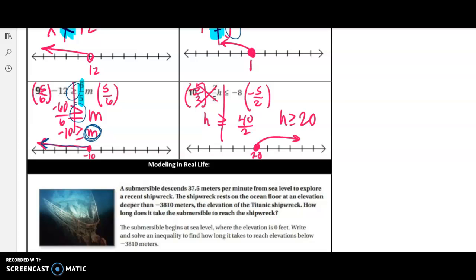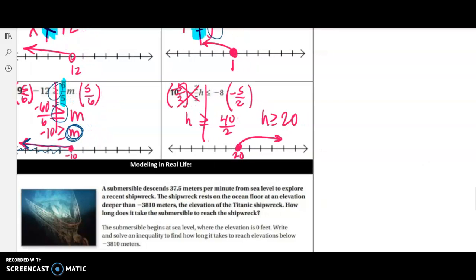Because m has to be the smallest number, so that means it has to be below negative 10, so all of these numbers. On number 10, we multiplied by a negative. That flipped my inequality. And I get h is greater than or equal to 20, and h is on the left. So my inequality is going the correct direction, so it should be pointing to the right.